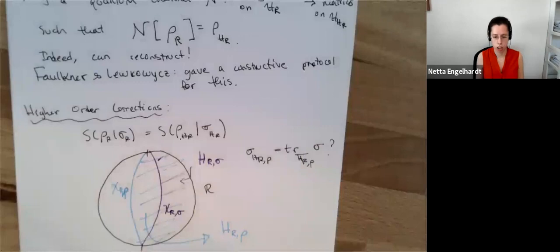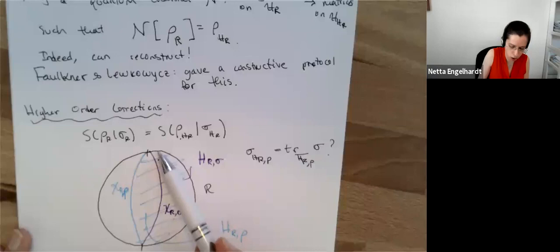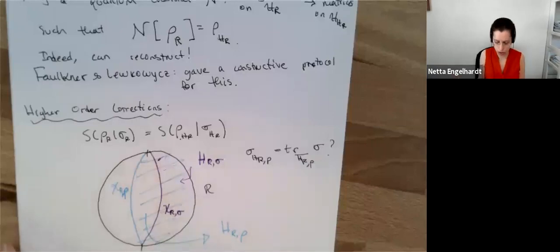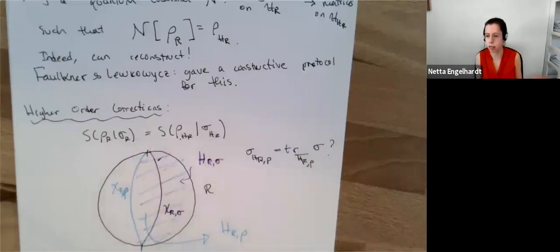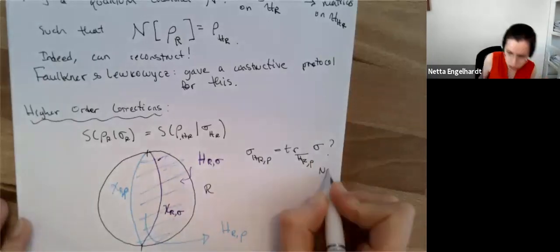Well, we could do that, but this doesn't have any meaning from the perspective of the boundary entropy, because to compute the boundary von Neumann entropy, to compute the modular Hamiltonian, we have to be evaluating the bulk state on its own homology hypersurface. So this state, we can define it, but it doesn't actually make sense. It's not something that we would then relate to the state sigma_R in the boundary. So no.